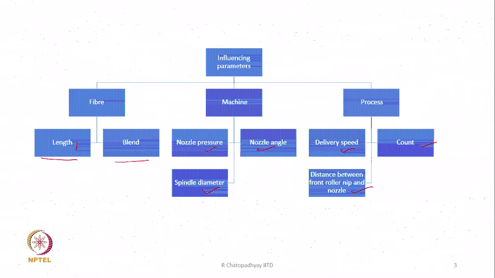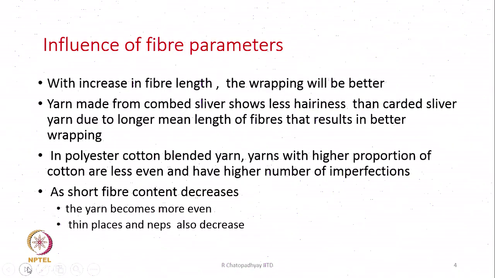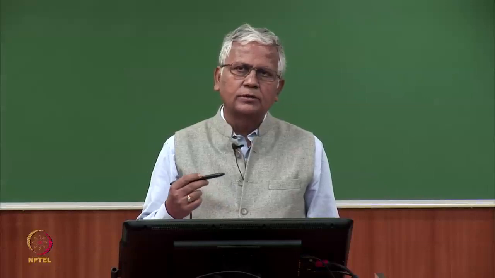The process parameters are basically delivery speed, the count of the yarn that we are going to process and the distance from the front roller nip to the nozzle mouth or entry to the nozzle. So, all these parameters have some effect on the processability of the fibers and also on the property of the yarn.